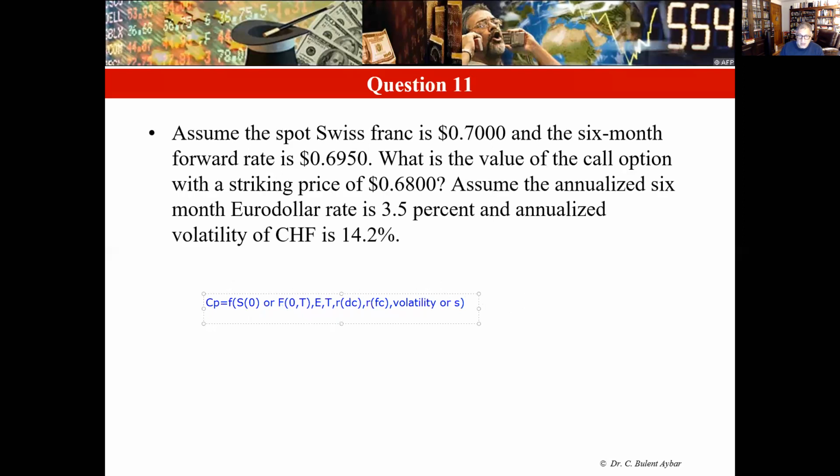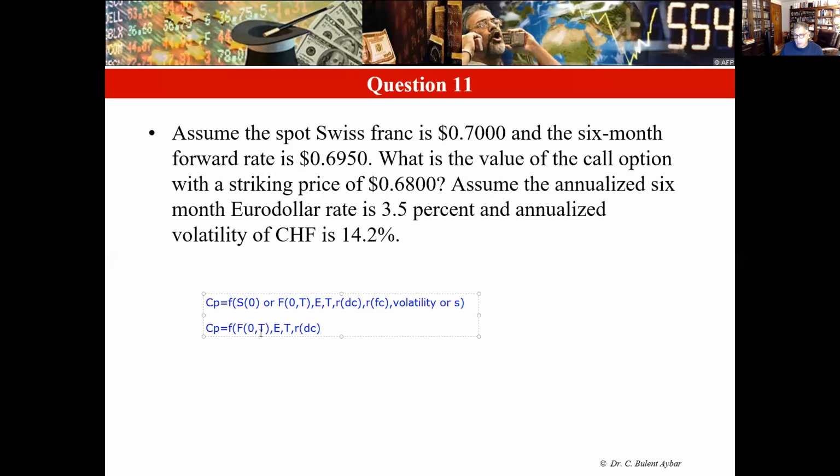In the model that we were given in the textbook, the option price is given as a function of forward rate with T maturity, exercise price, time to maturity, and domestic interest rate, because foreign interest rate is already embedded in the forward price.